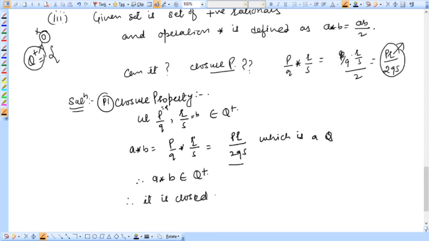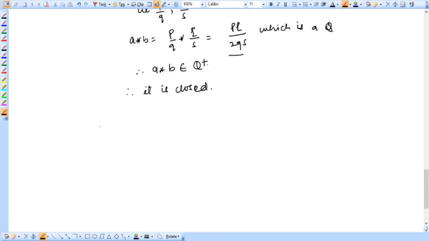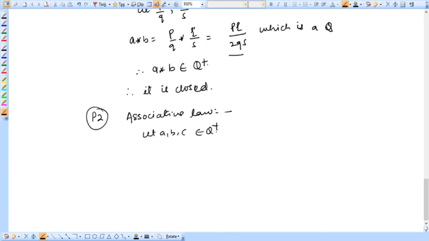Okay, now second property, associative law. Property number 2, associative law. Let a, b, c belong to Q positive. Now let us calculate what would be a star (b star c).